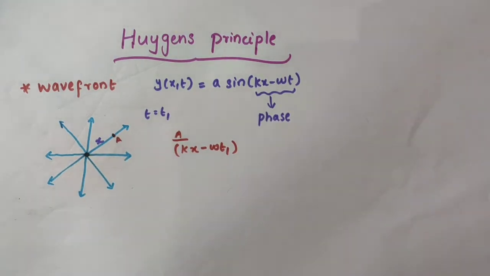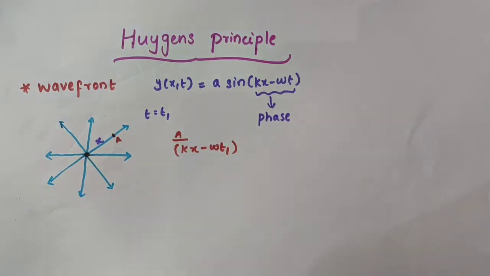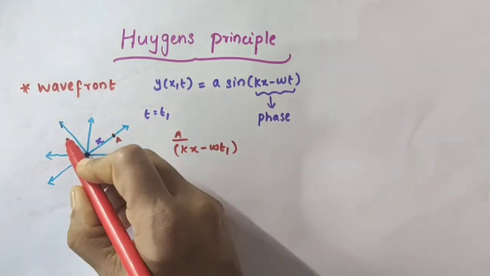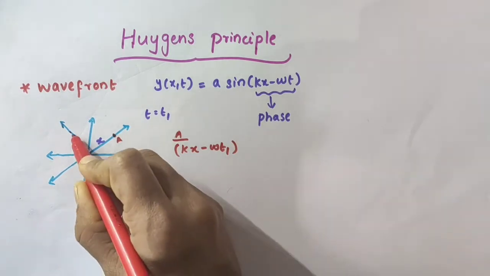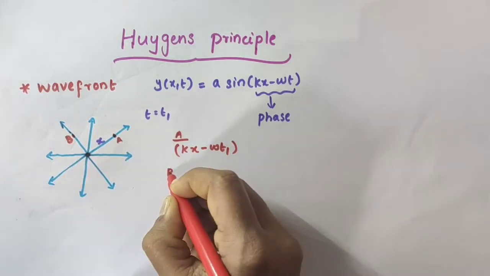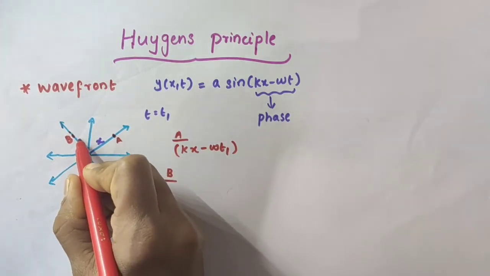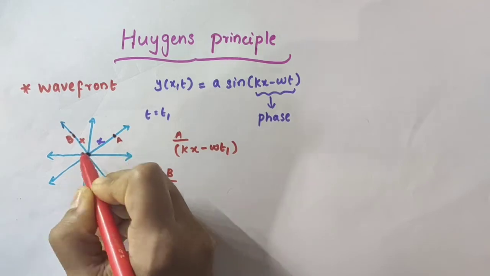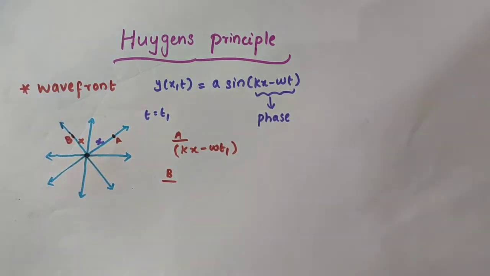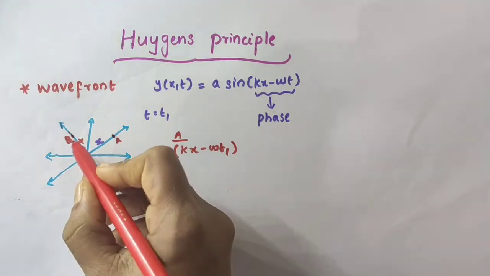Now consider, at the same time t equal to t1, another point here, which I am taking as B. This is also x distance away from the point of impact. So what about the phase at this point B?